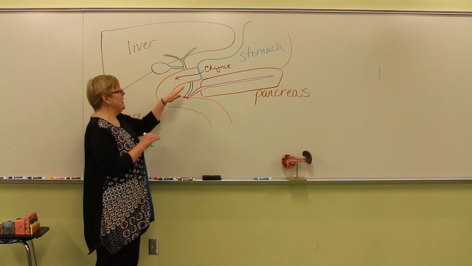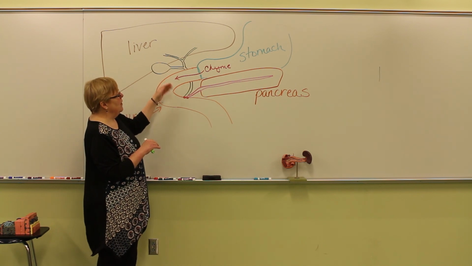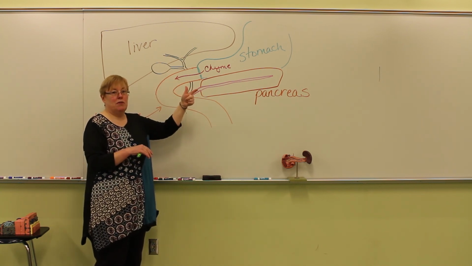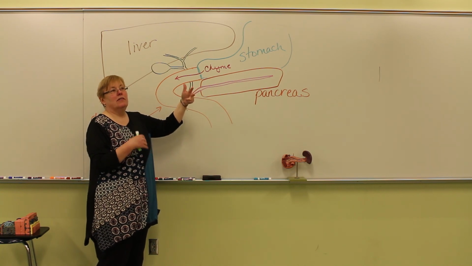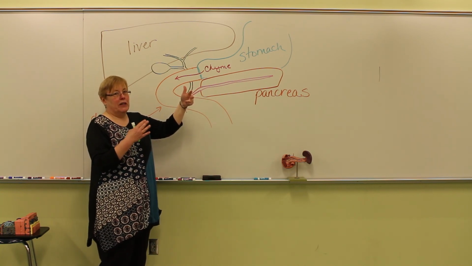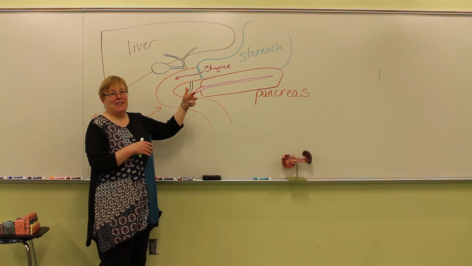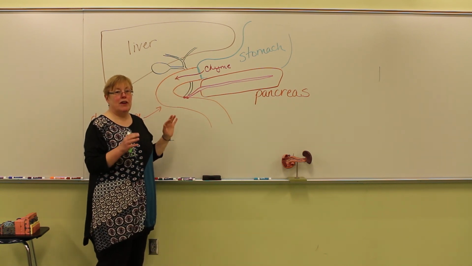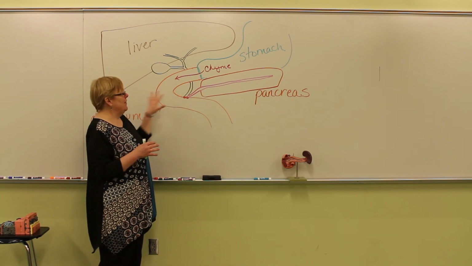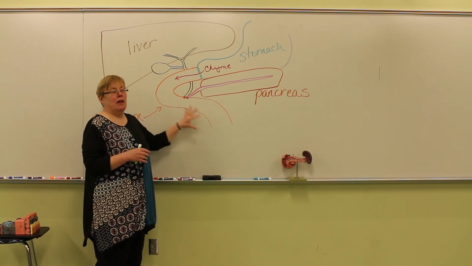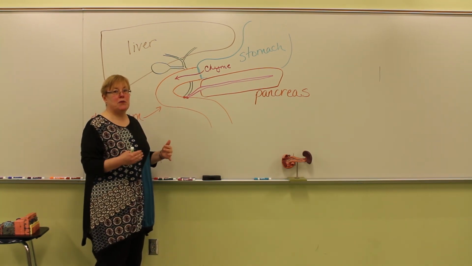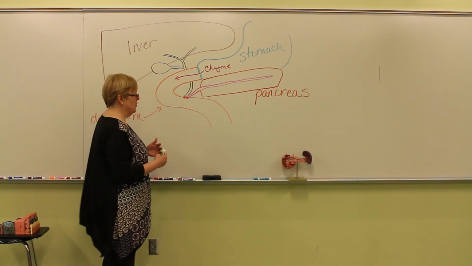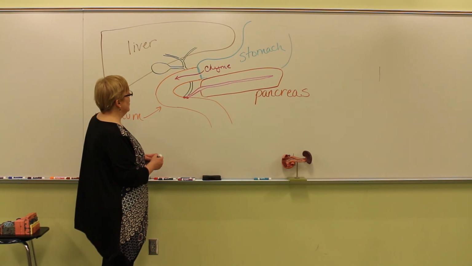So we're coming in with partially digested carbohydrates, partially digested proteins, and partially digested lipids. We've got to finish all of that chemical digestion because this is the main location in the small intestine where the absorption of those organic molecules is going to occur.